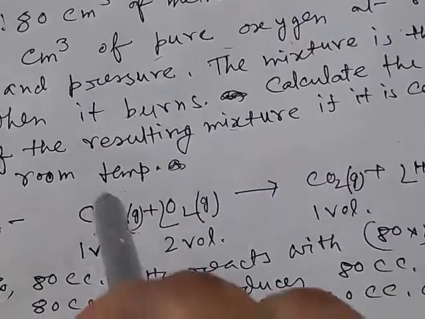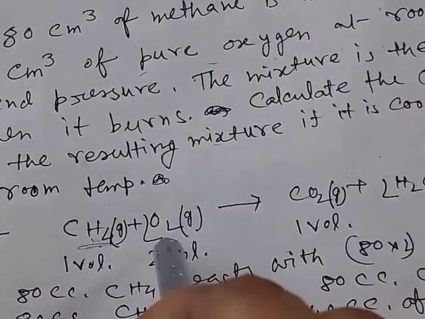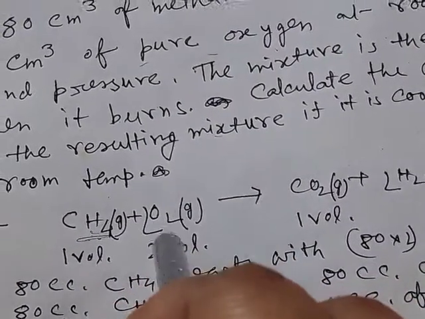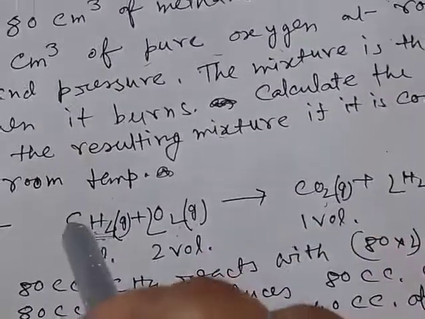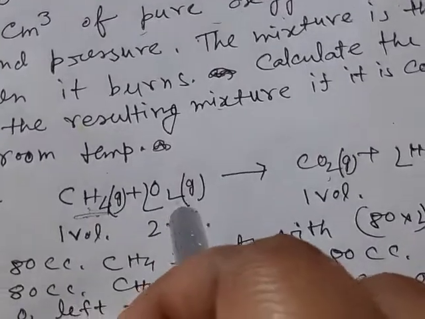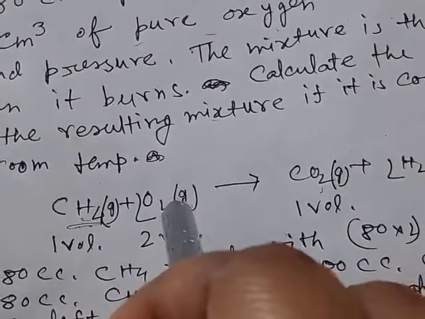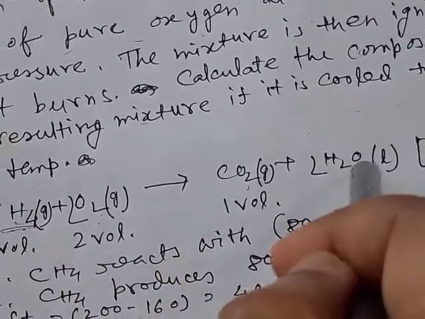Methane is a gas. This is the formula of methane. It reacts with oxygen, that is, it is burned in oxygen to produce carbon dioxide and water. Any carbon containing compound when burned in oxygen produces carbon dioxide and water.